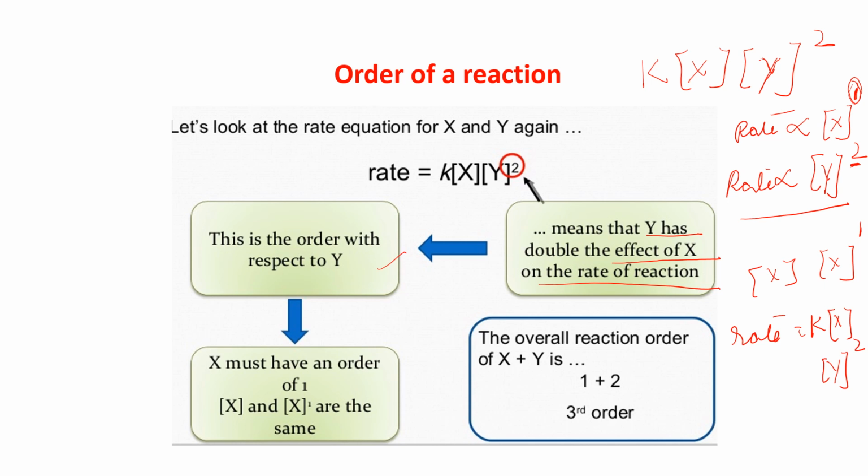In what form? x must have an order of 1 and y must have an order of 2. So the overall order of reaction, that is x plus y, is 1 plus 2, that is 3. That means this reaction is a third order reaction. Am I clear to you?